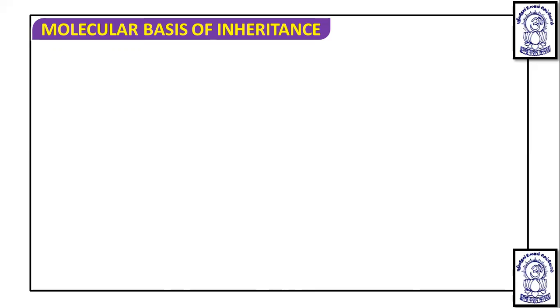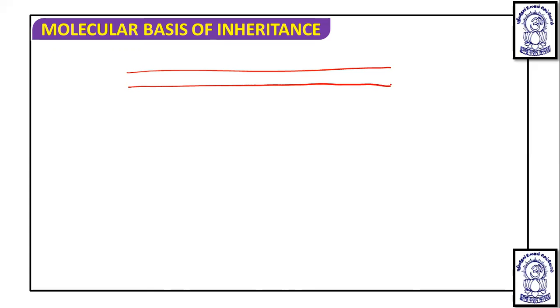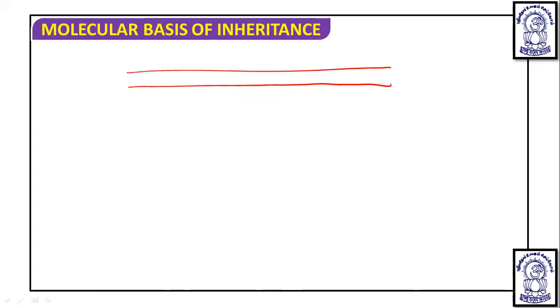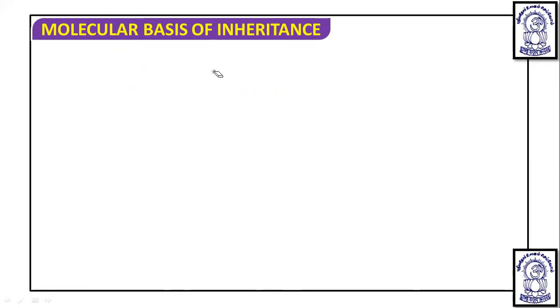Now, first thing is that the DNA polymerization starts from, suppose this is a strand of DNA, suppose it is a coiled DNA.